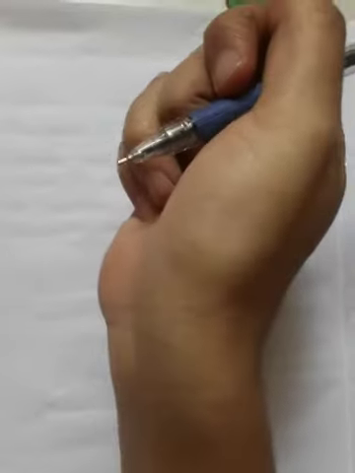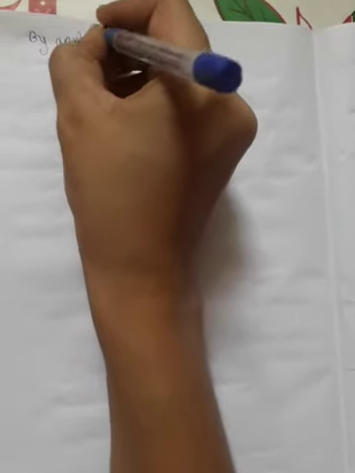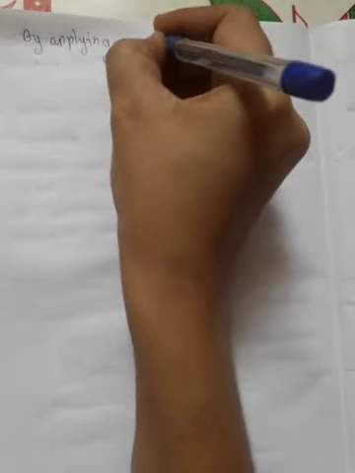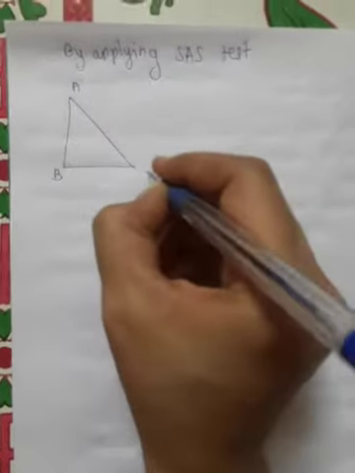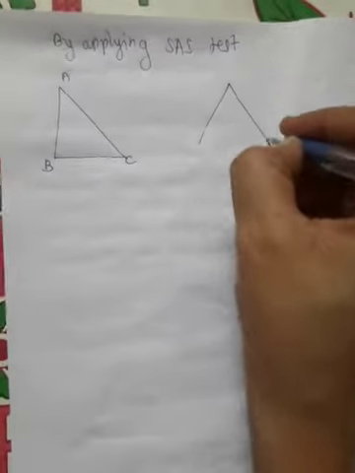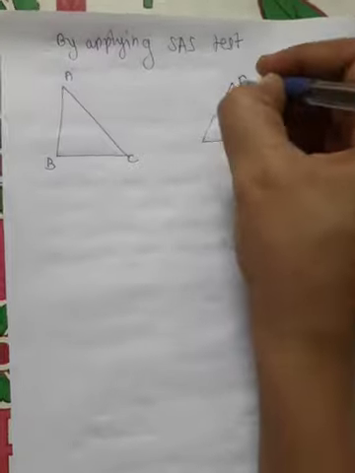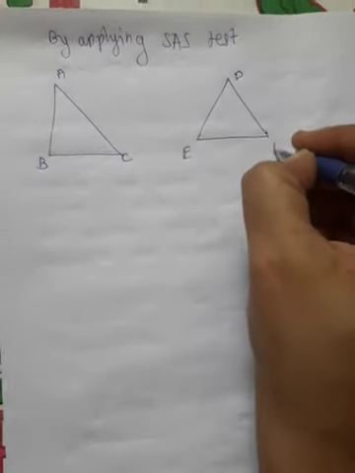Now see, measures of some parts of the triangles are given, and by applying the SAS test we have to check whether the given triangles are congruent or not. The first diagram is ABC, and the second triangle is DEF.